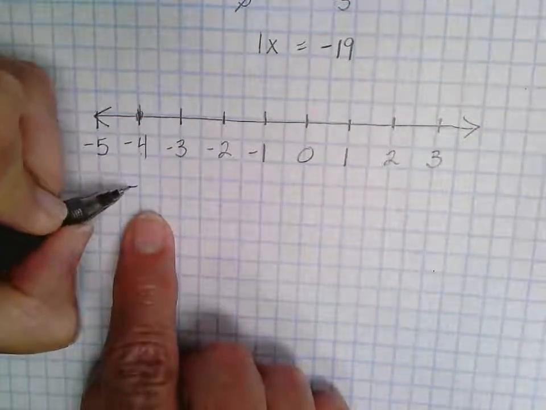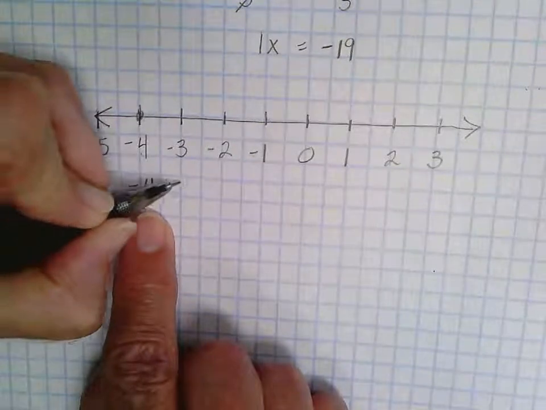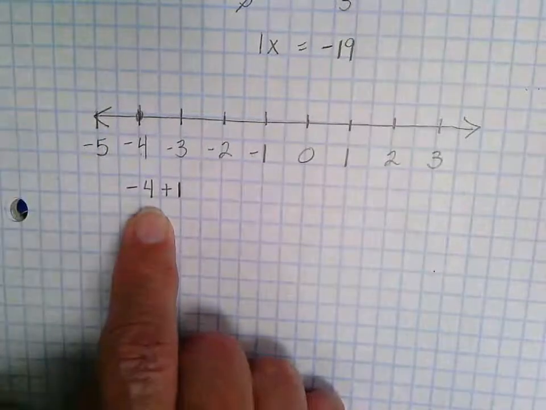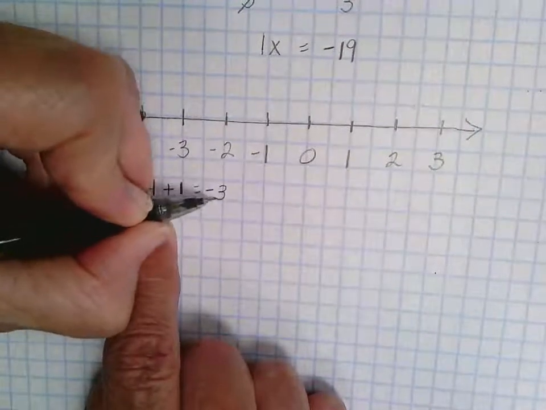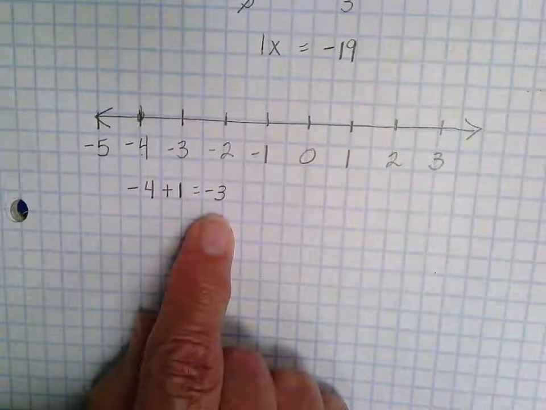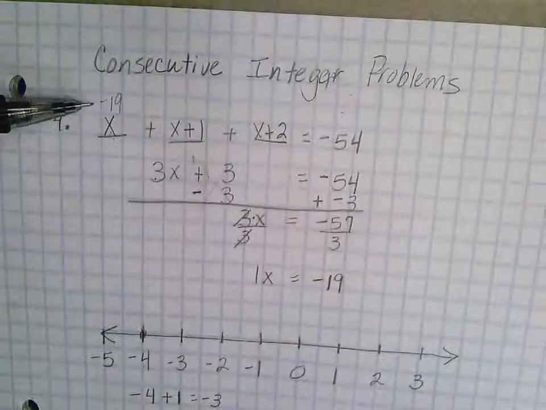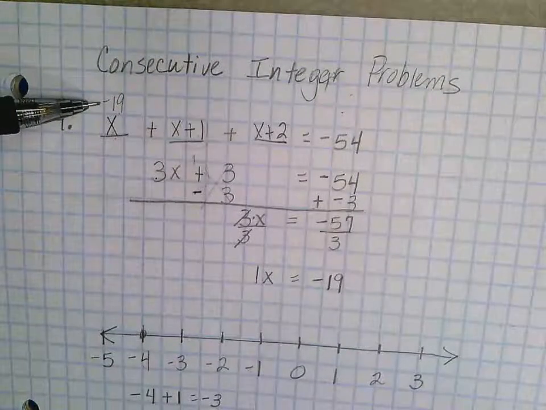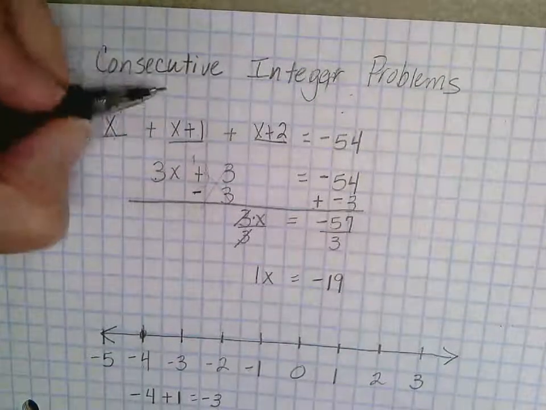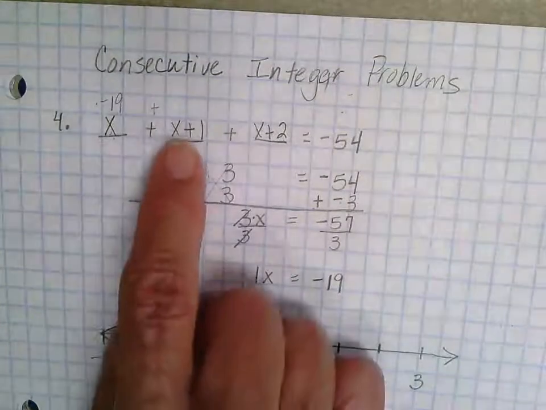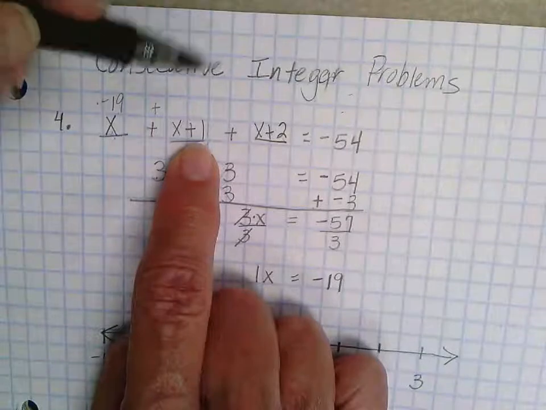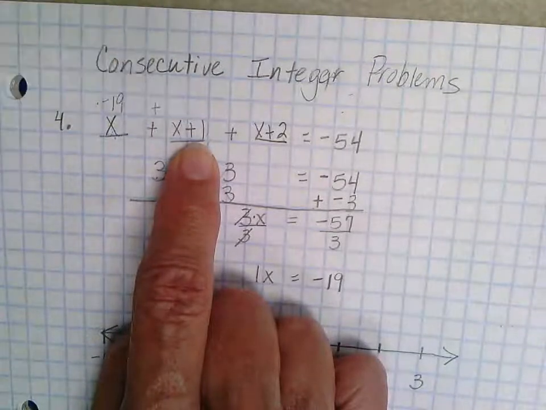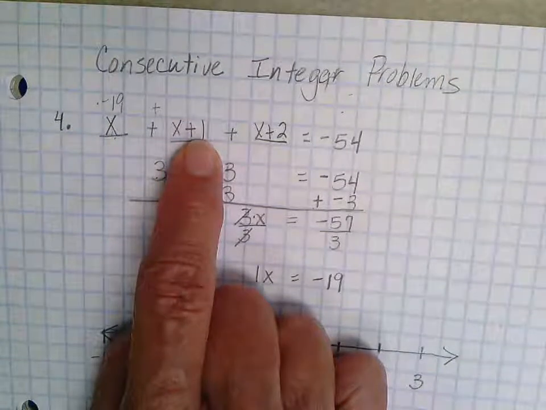So you can think of it as -4 plus 1. -4 plus 1 is -3. So when I look up here and I know that this is -19, when I'm adding 1 to that, I am not going to get -20 because I'm not adding a -1, I'm adding a +1.